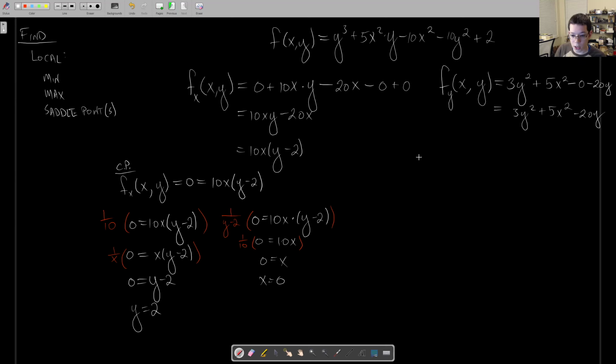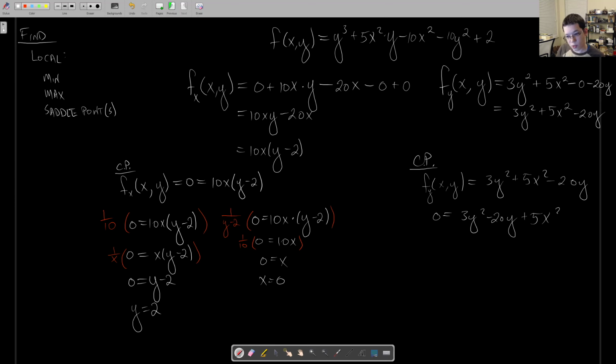So, more critical points. F sub y of xy equals 3y squared plus 5x squared minus 20y. So what values of x or y make this equation 0? 3y squared minus 20y plus 5x squared. This looks like a quadratic to me, so I can probably factor it, and I'm garbage at factoring.